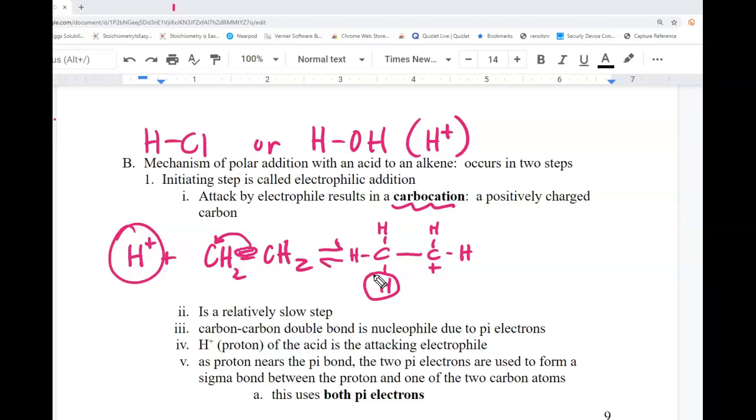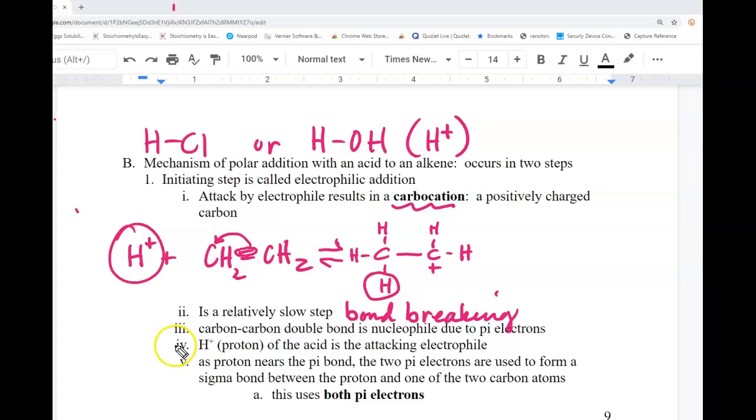Okay, this part is bond breaking, so it is the relatively slow step. It is bond breaking, and it is caused by the electrophile being attracted to the electrons in the pi bond.